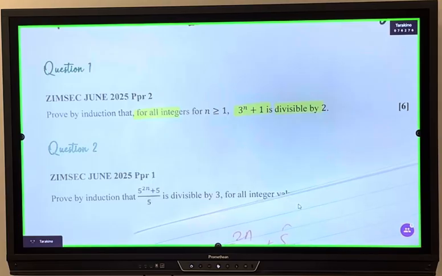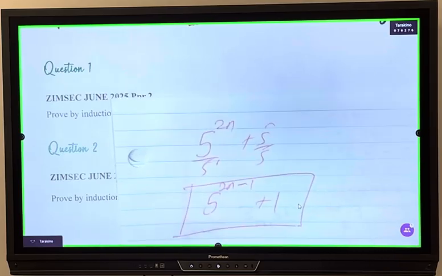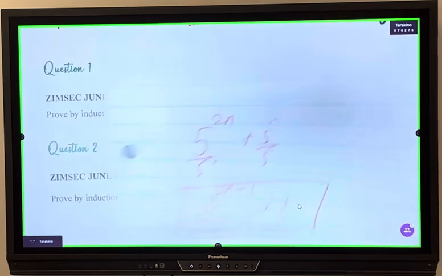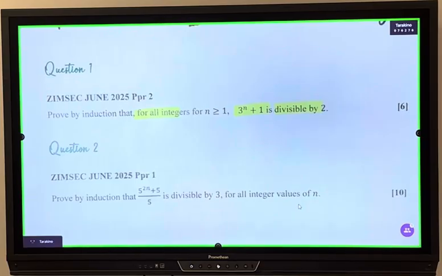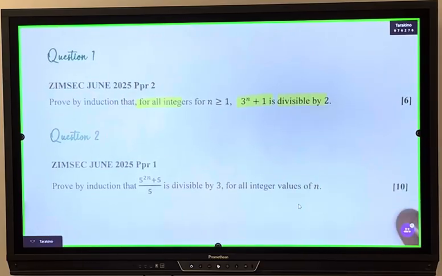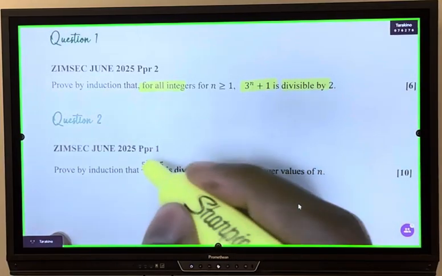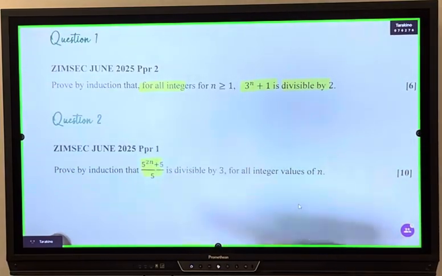So in other words, they can also ask you to prove by induction that 5 to the 2n minus 1 plus 1 is divisible by 3 for all integer values of n. Okay, so now coming back to the question where we want to prove that (5 to the 2n plus 5) all over 5 is divisible by 3 for all integer values of n.